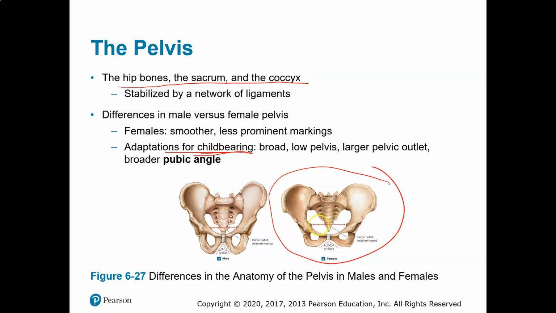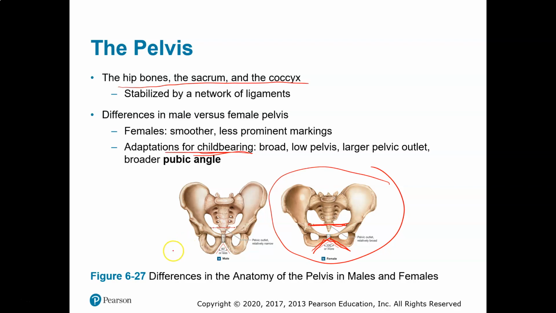You look for a wider distance between the coxal bones, it just says a larger pelvic outlet, and then you also have a much wider angle, larger than 90 degrees. I think it says here a 100-degree angle at the two pubic bones.